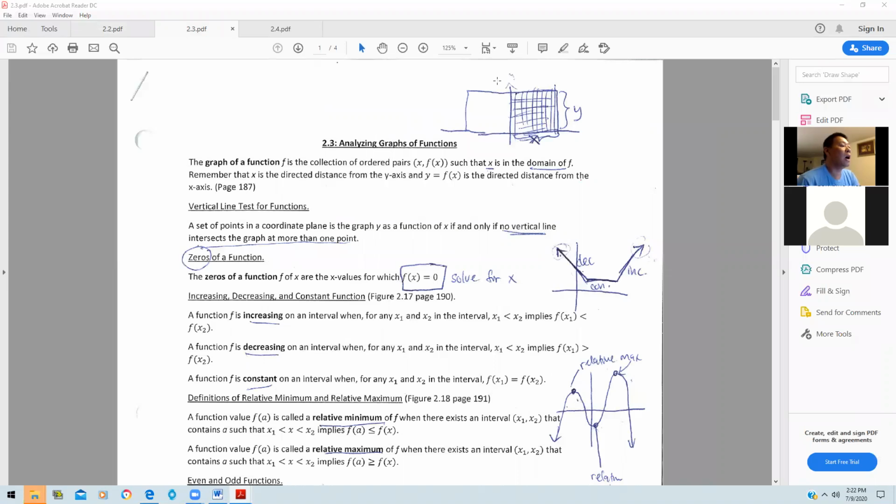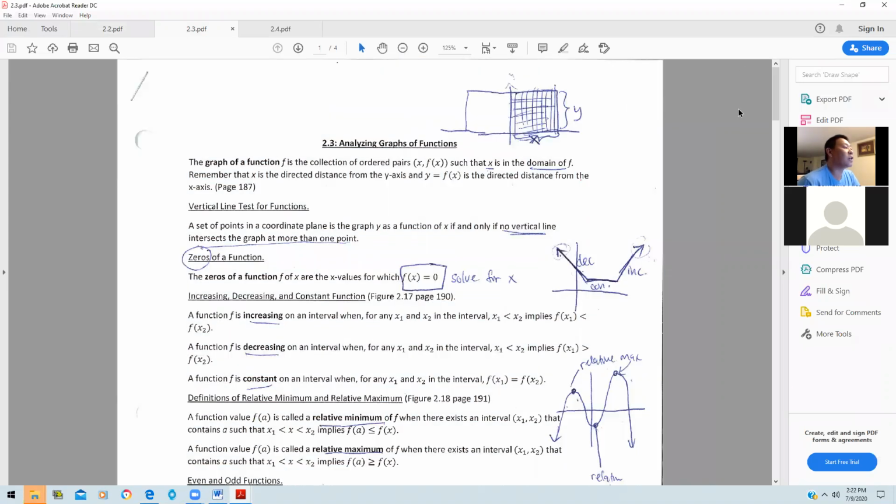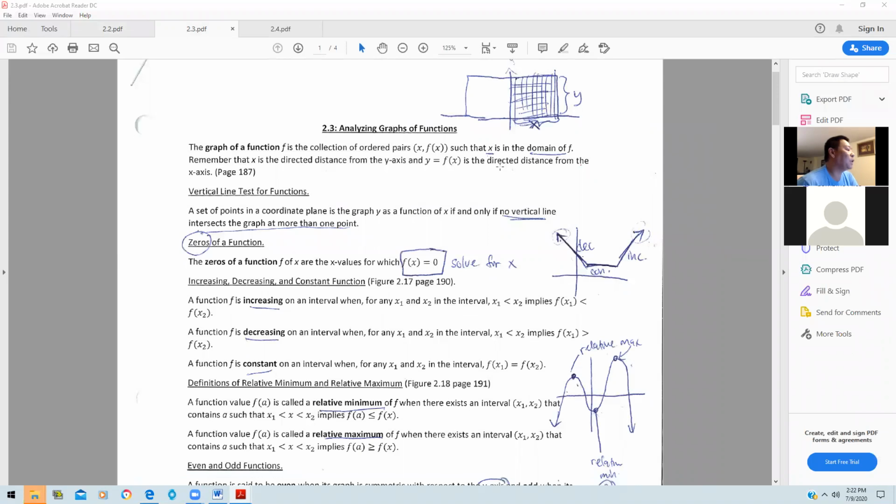Okay, so next we have this question. This is 2.3, analyzing graph and function. So for this graph, we talk about what a vertical line test is. This is to test if a graph is a function or not. And then the zero is where we put f(x) equals 0. You solve for x.